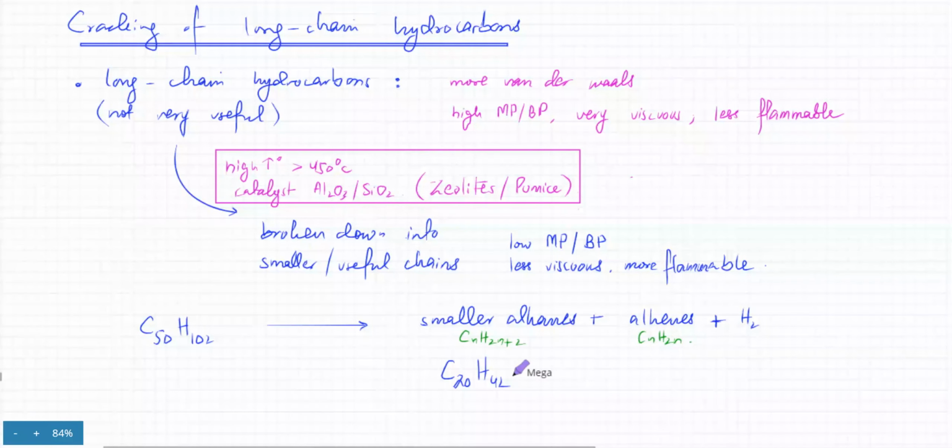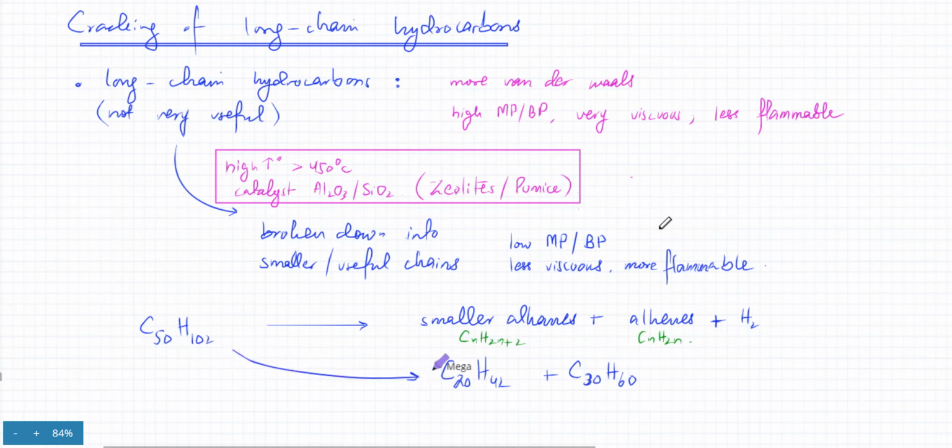So I can break this molecule into an alkene as well. Whatever happens, the total number of atoms should remain exactly the same. You can add up the hydrogens and you can add up the carbons, and you're going to get the same thing. But it has to be a mixture of alkanes, alkenes, and hydrogen gas.